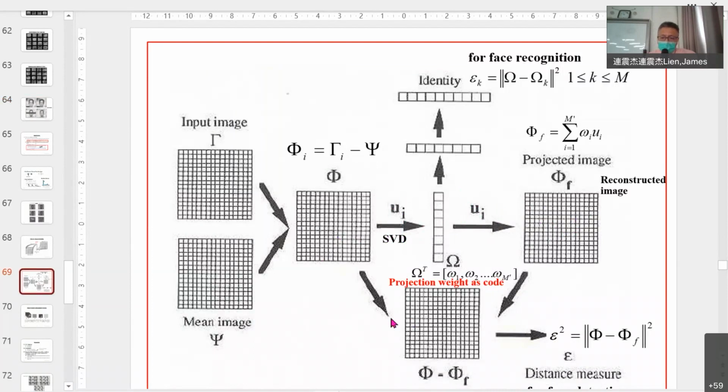So if you input a face and reconstruct a face, you do the subtraction and compare, and you'll find they are similar. If you input a flower, project to here, and reconstruct a face, you compare both: this is a flower, this is a face. They are very different. That means this is not a face. So here you can do face detection.